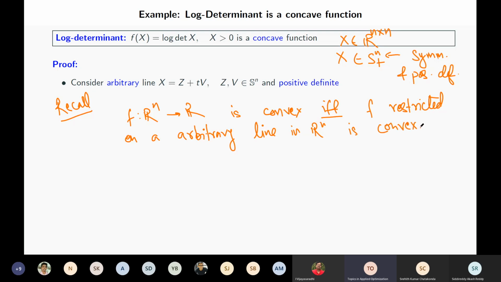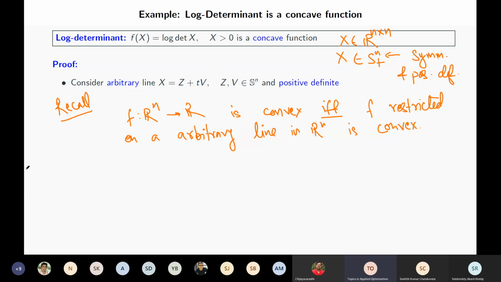So this is the result that we are going to use. A multidimensional function is convex if and only if f restricted on an arbitrary line in Rn is convex.